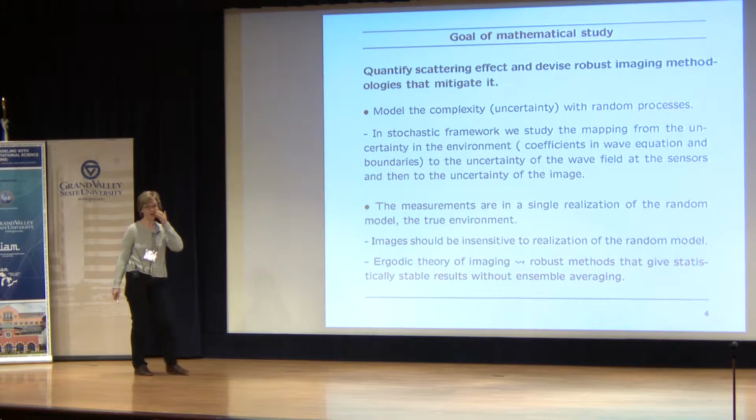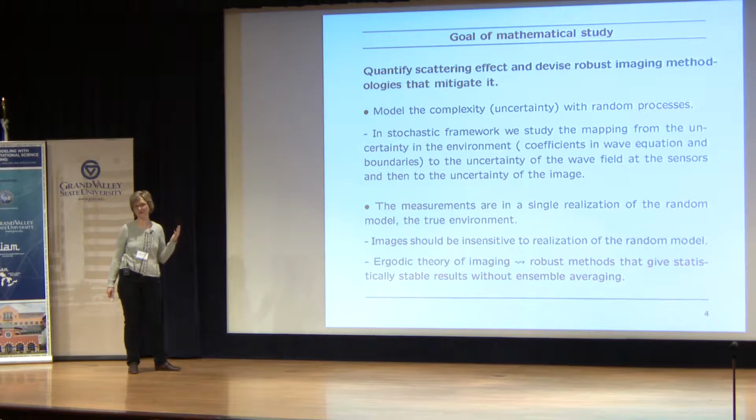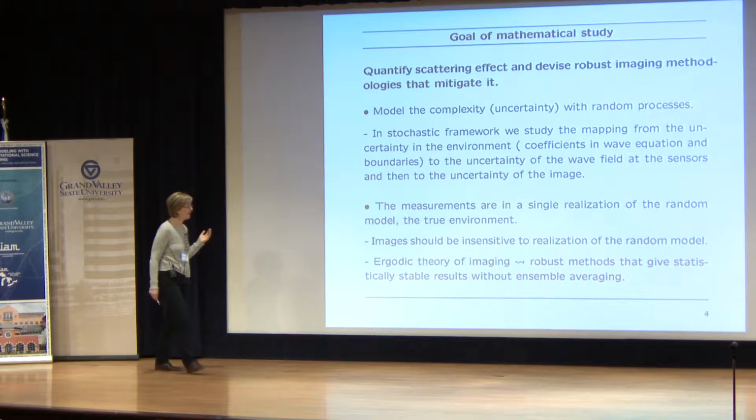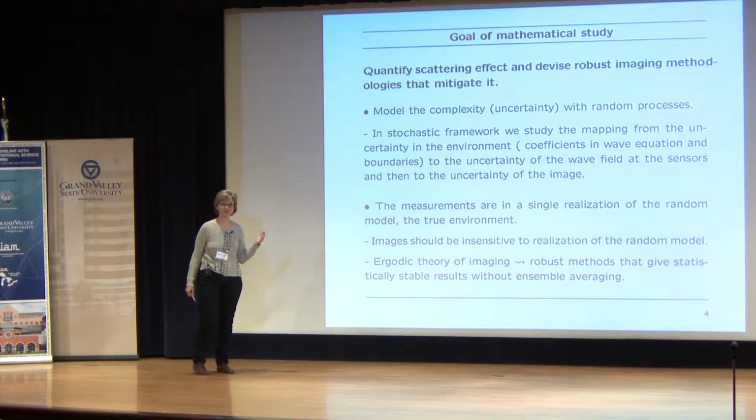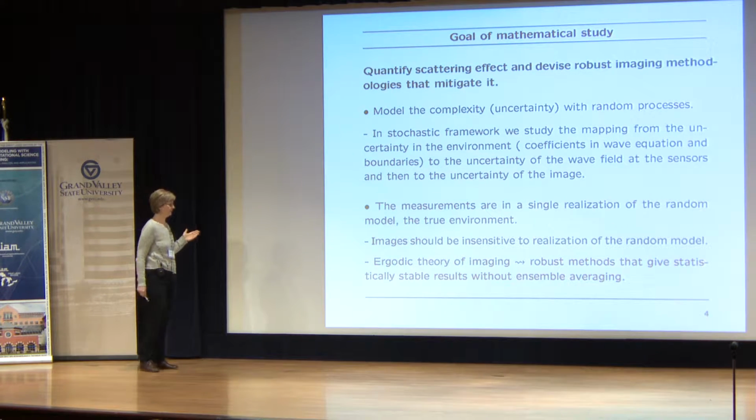Okay, so this is the stochastic framework. Now what is important to realize is that in imaging applications, we don't have much data. So what we have are just the measurements of the waves for a single complex environment. In other words, we have only one realization of that environment, and we don't have access to multiple realizations.